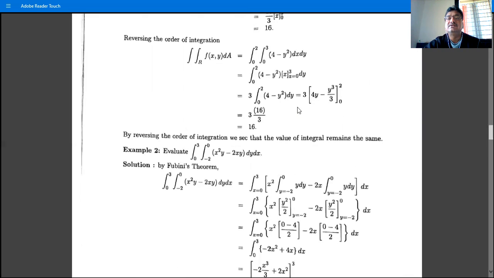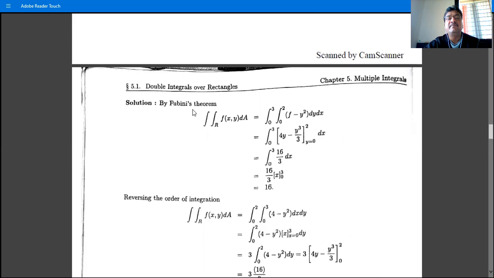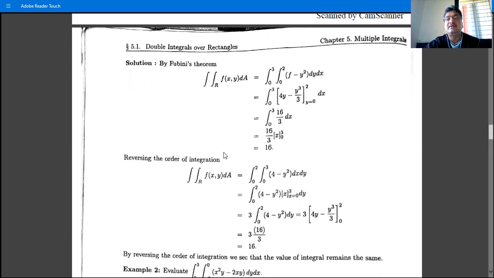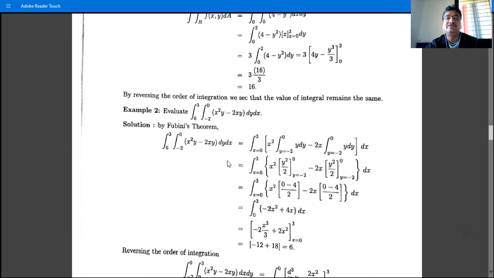That's why the strong form of Fubini's theorem says: if the limit of y is in terms of a variable, then integrate with respect to y first, and if the limit of x is in terms of a variable, then integrate with respect to x first. So that is Fubini's strong form.